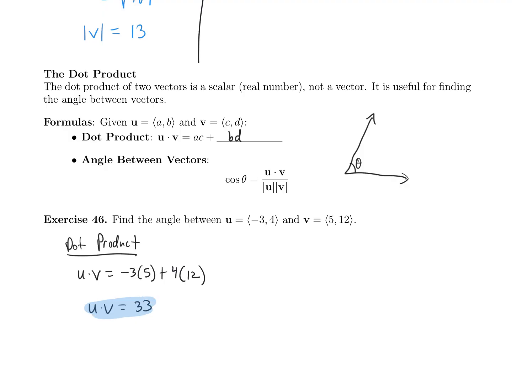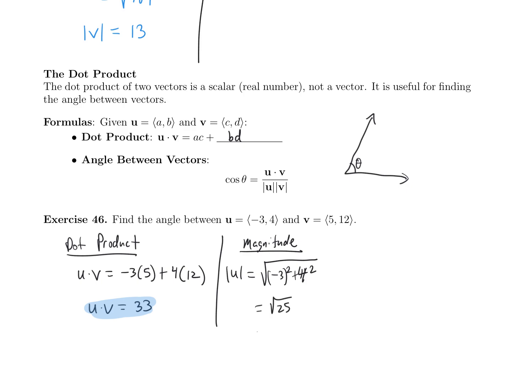It's a real number. All right, now let's find the magnitude. So the magnitude is going to look like this. We have to find the magnitude of both vectors, u and v. So the magnitude of u is going to be the square root of -3 squared plus 4 squared, which is going to be 25.